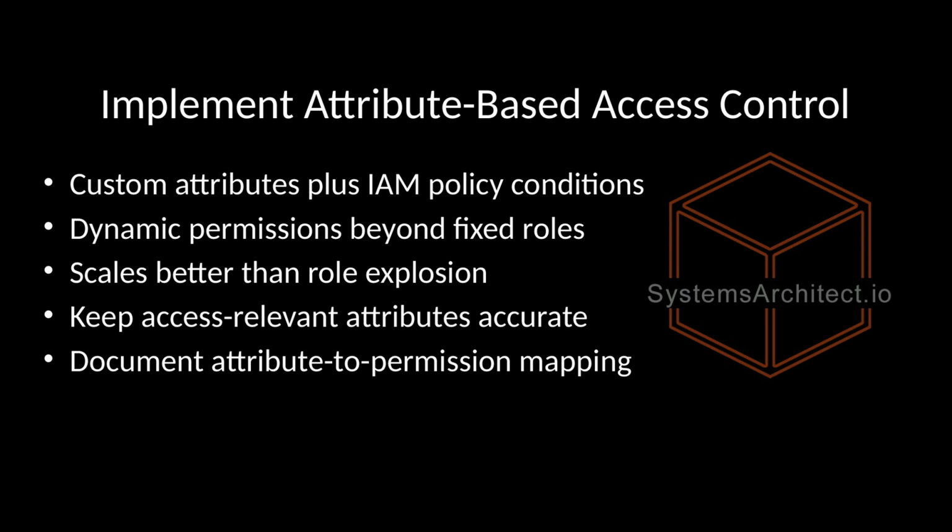How does ABAC actually work? A single IAM role can grant different effective permissions depending on the user's specific attributes, rather than requiring a separate role for every combination. ABAC scales far better than role explosion as your permission model grows more complex, so document your attribute to permission mapping clearly.